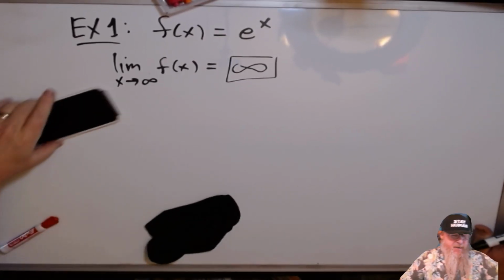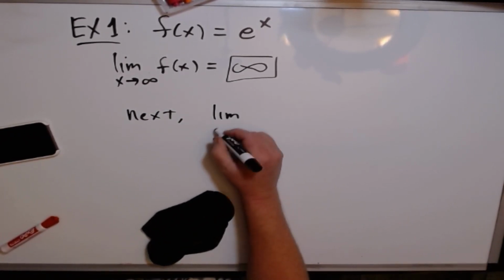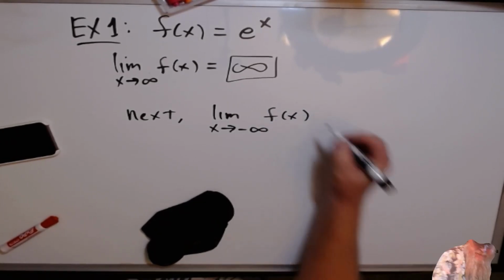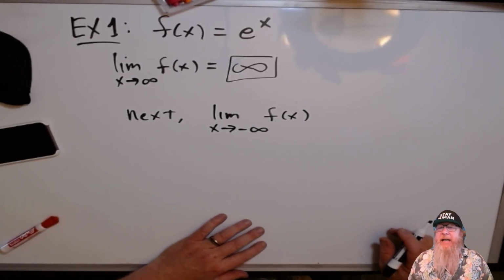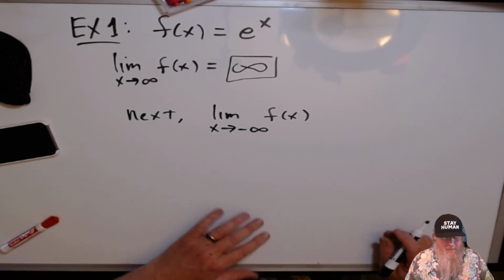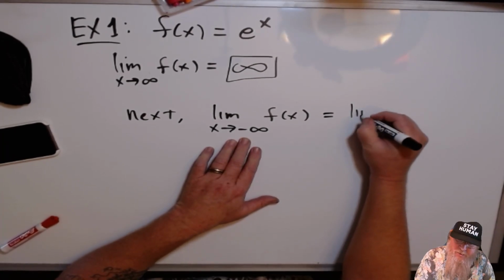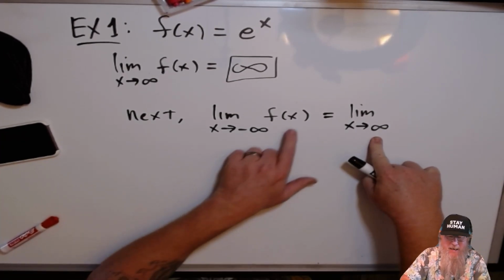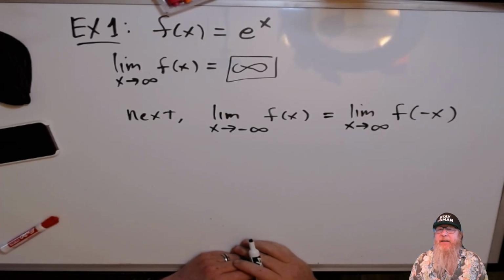All right. Next, let's do the other limit, sometimes known as the other infinity. That's the limit as x goes to negative infinity of f of x. Now this is how we're going to do negative infinity. We are going to change it to positive infinity and then change the x to negative x.